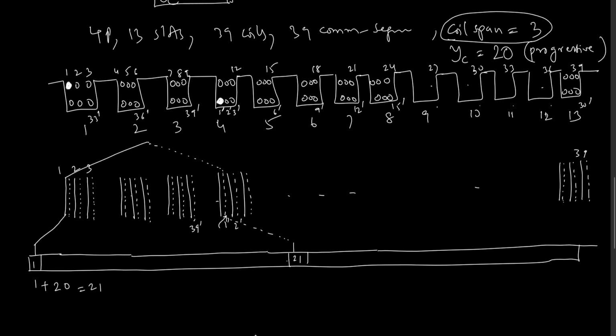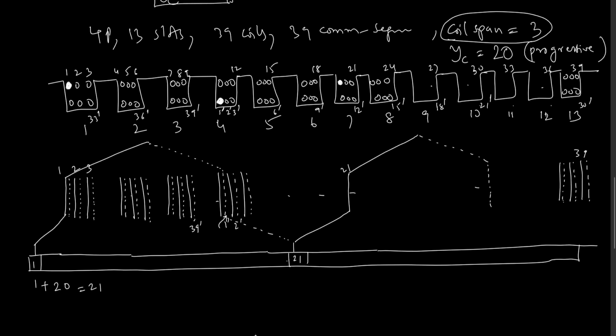Now the next, the 21st commutator segment. From the 21st commutator we join the 21st coil, so it is connected like this and back to 21 dash, somewhere here on the bottom side.